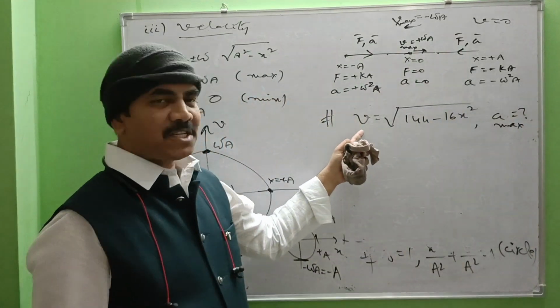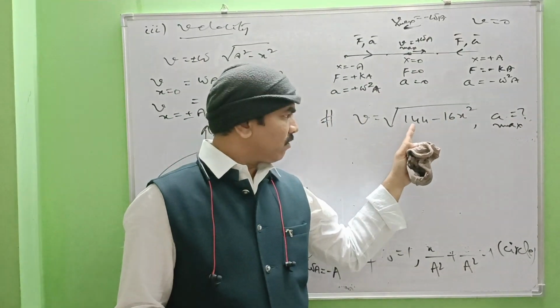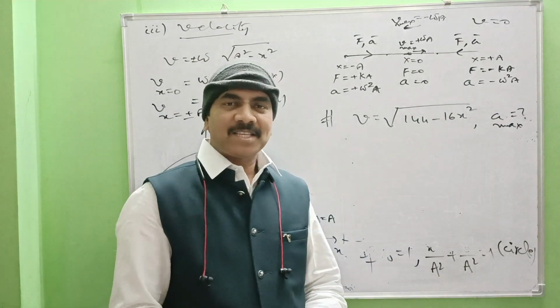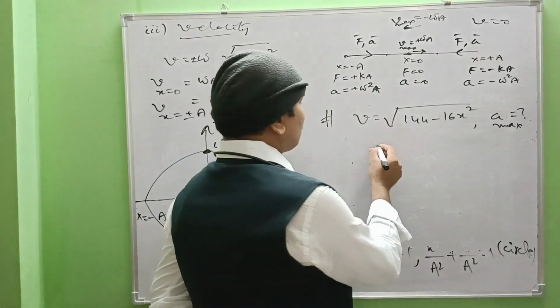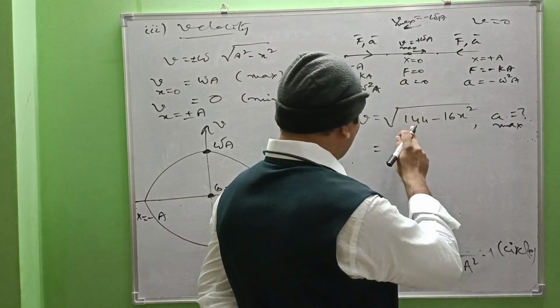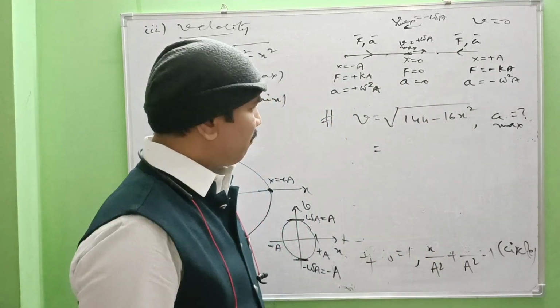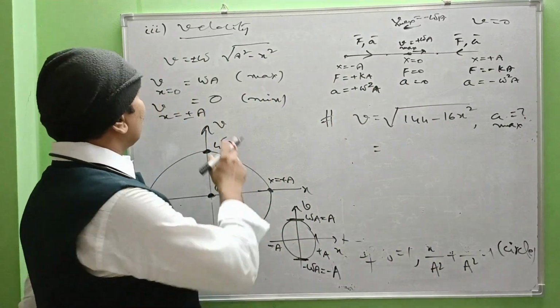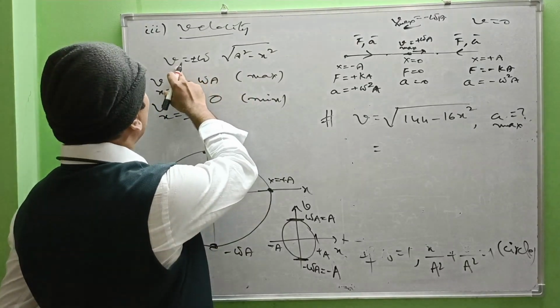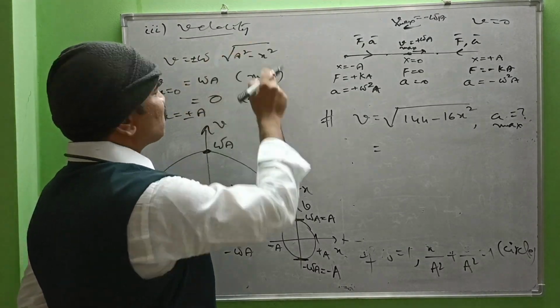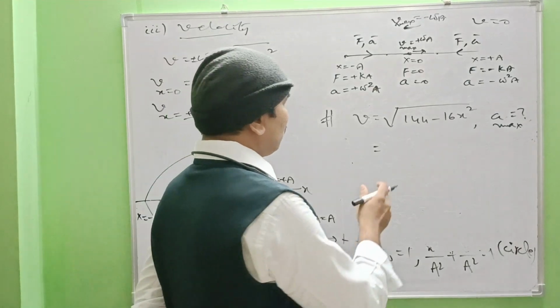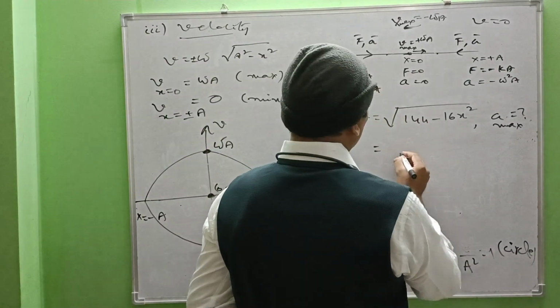See, the given expression is v equal to root over 144 minus 16 x square. We have to convert the given expression into the usual form. The variation of velocity with position is v equal to plus or minus omega into root over a square minus x square. Now try to get that form.